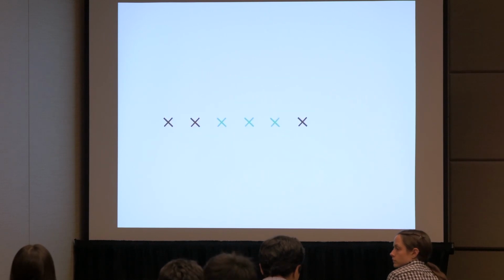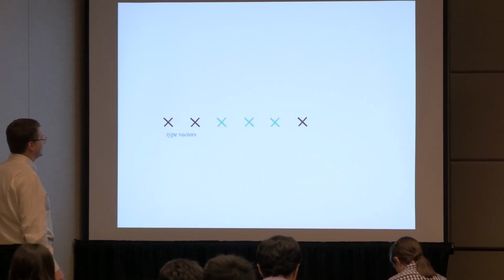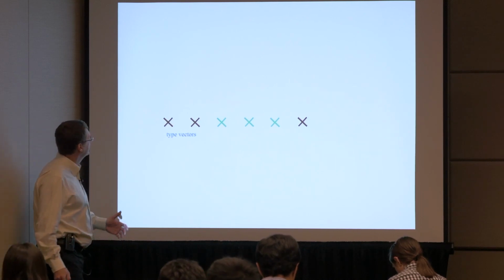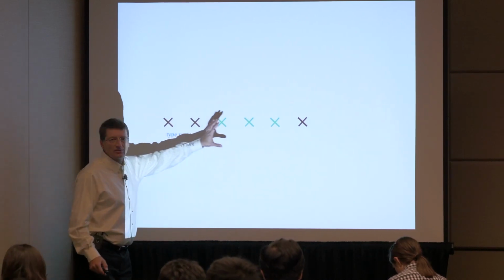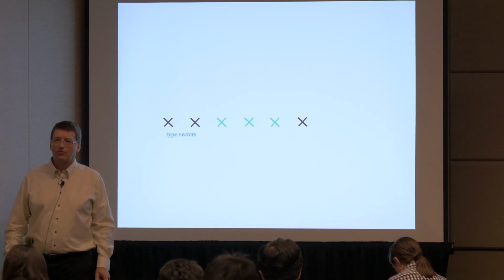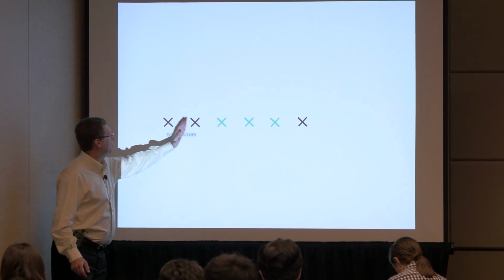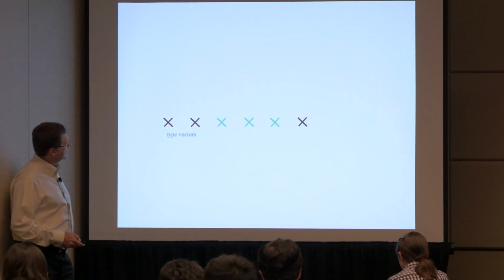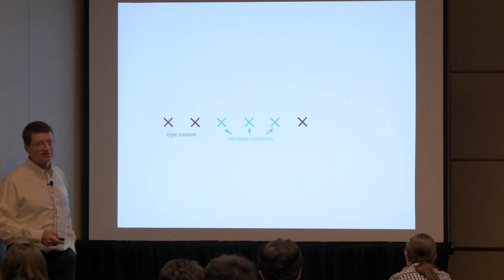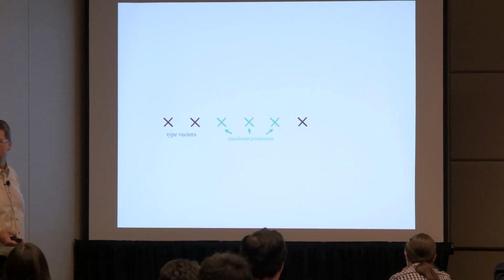Okay. So let's try to drive home kind of why this might be a good idea. Let's say these are type vectors, one type for every agent at each point here. And there are some economic possibility results, let's say for quasi-linear preferences.